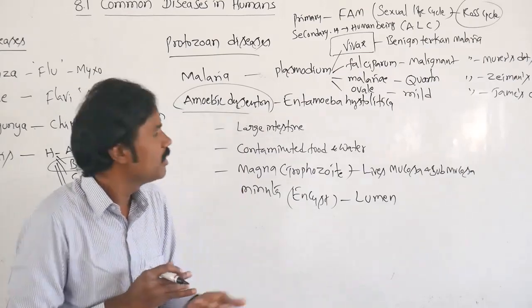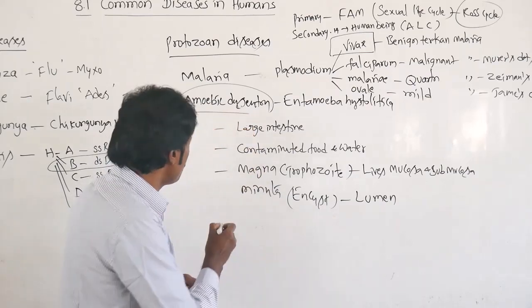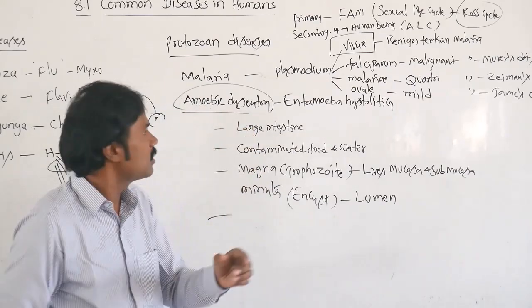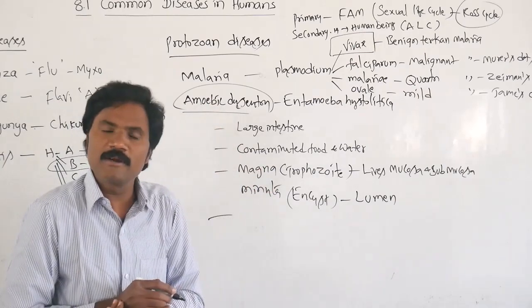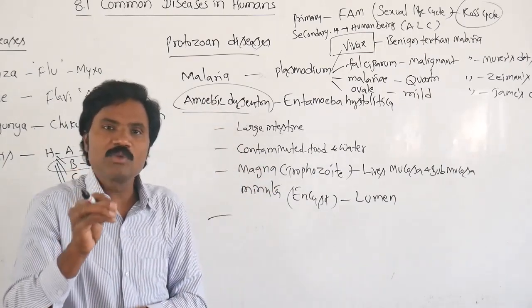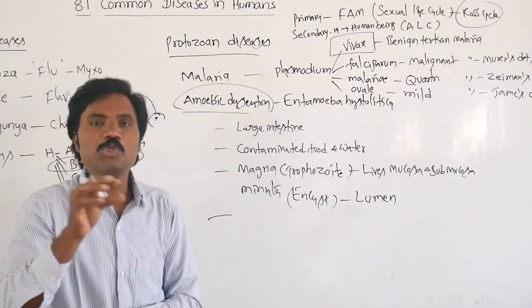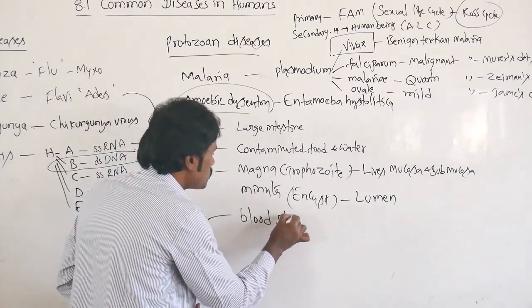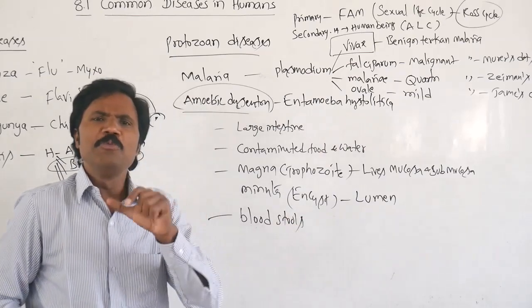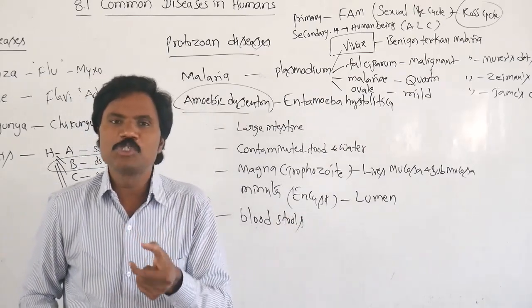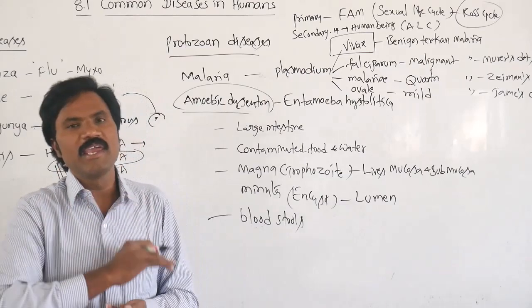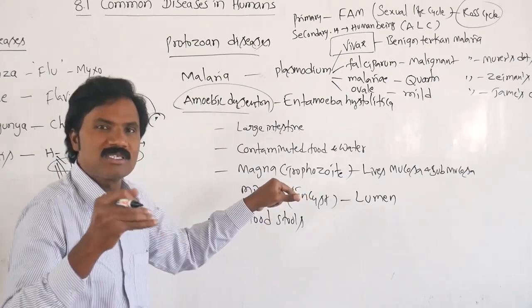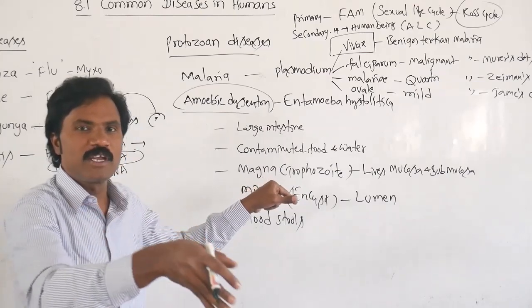What are the specific symptoms normally present in amoebic dysentery? They are related to the stools: blood stools, that means mucus containing blood, which is a type of diarrhea. Apart from this, if it is severe, it may cause ulcers inside the intestine.